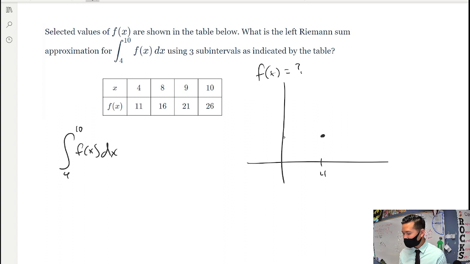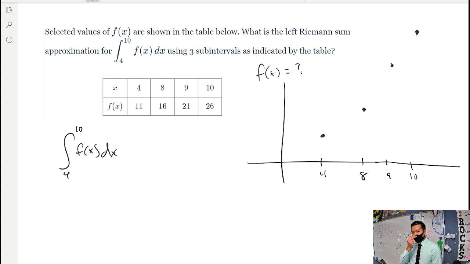And we go to 8. 8 goes up to 16, about there. 9 is right next to it, and 9 goes all the way up to 21. And then 10 is right next to that, which goes all the way up to 26. Something like this.